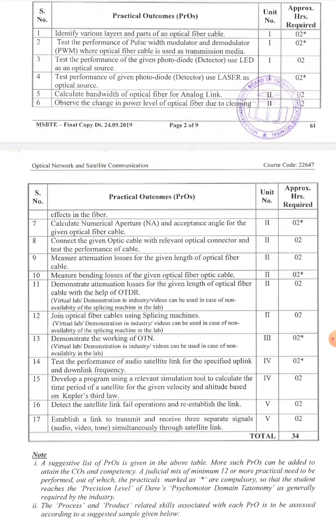In the 14th experiment, we are going to test the performance of a satellite link for the specified uplink and downlink frequency. In the 15th experiment, we are going to develop a program using a relevant simulation tool to calculate the time period of a satellite for a given velocity and altitude based on Kepler's third law.